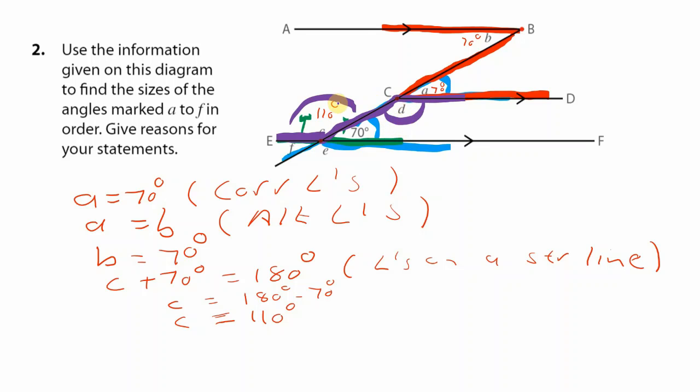So therefore D equals angle C. So angle D equals C, and we already know C, and the reason here is alternating angles, and we already know C is 110 degrees. But as I said, you could also use angles on a straight line.